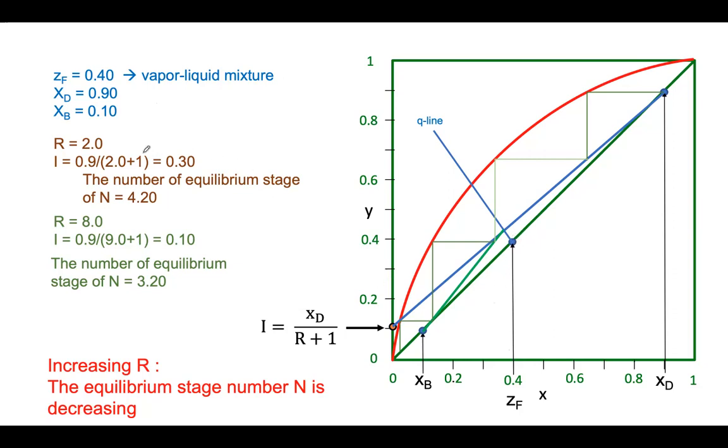Then we want the distillate to be around 0.9, so xD is 0.9. And the bottom that we're going to keep at 0.1, so maybe around here, between 0 and 0.2.